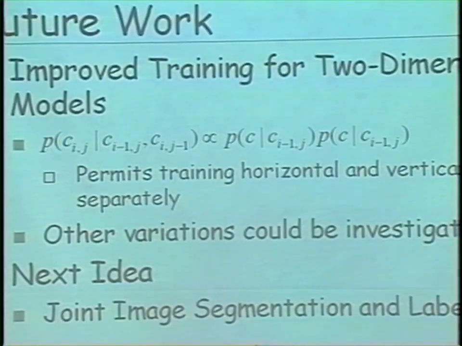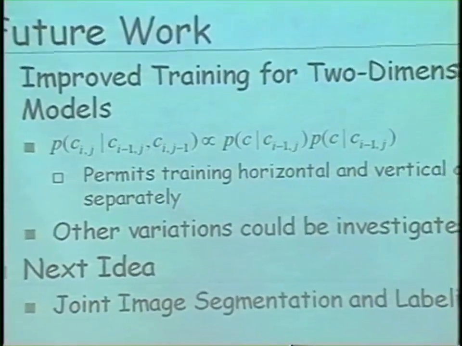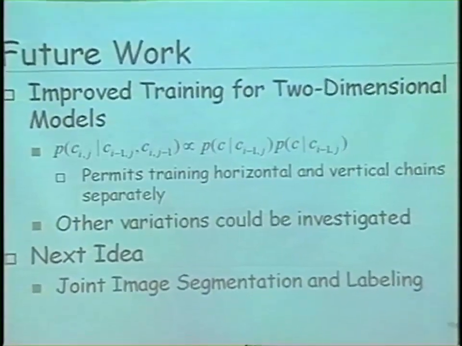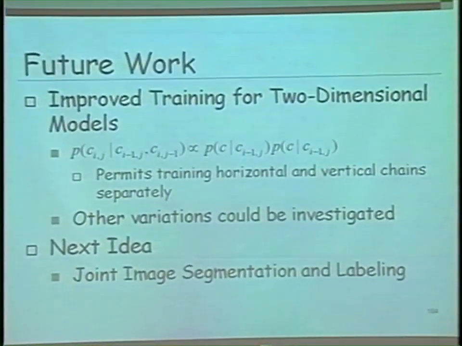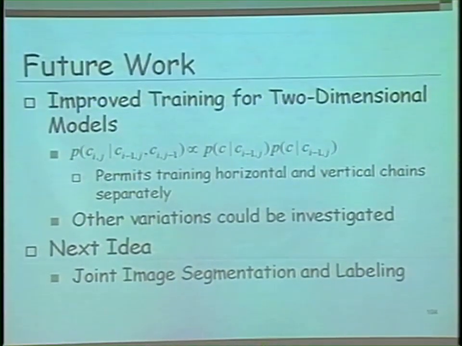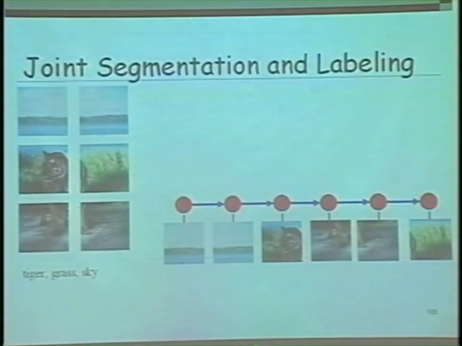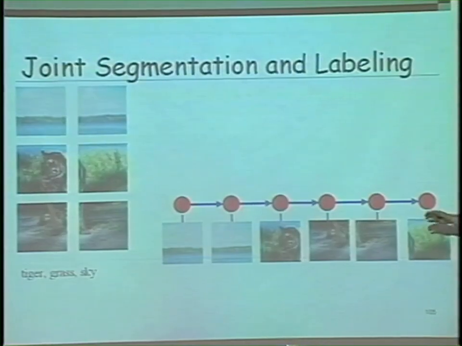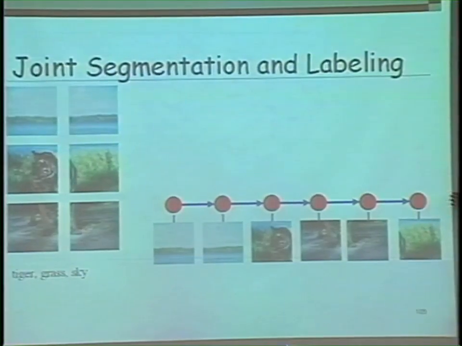So let me move on to the next piece of my talk, which is joint image segmentation and labeling. The idea here is still to try and model the spatial information in an image, but we're going to go about it in a different way. What you see here is what we've done previously. Here's a chain, our one-dimensional model, where each node generates an observation.